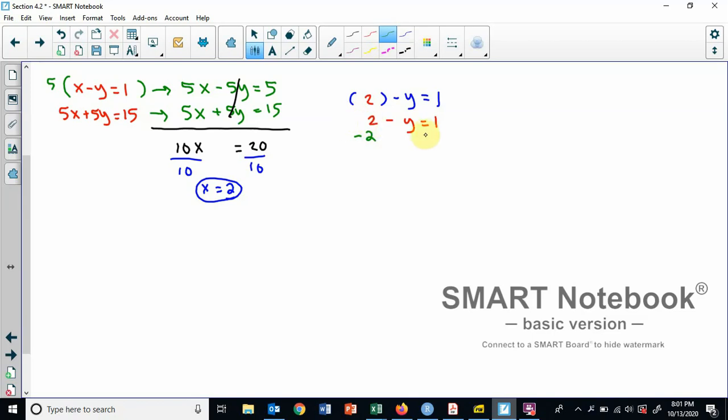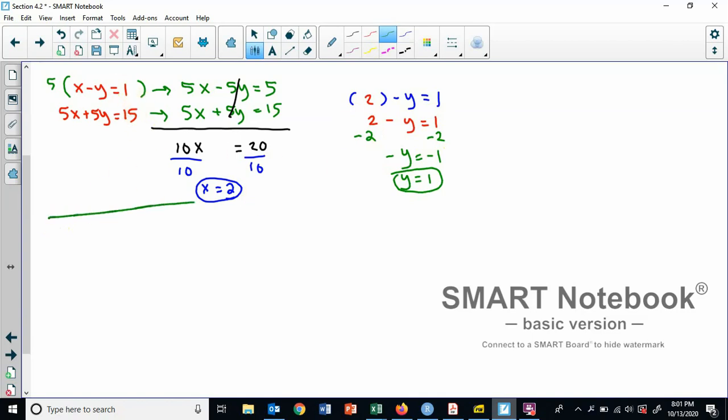There's nothing out front, so it's a positive 2. So I'm going to subtract 2 from each side. So that negative sign still belongs to the y. 2 minus 2 is gone. And 1 minus 2 is negative 1. So if negative y equals negative 1, that must mean positive y equals positive 1. Alright, so yay, we have solved our simple system.